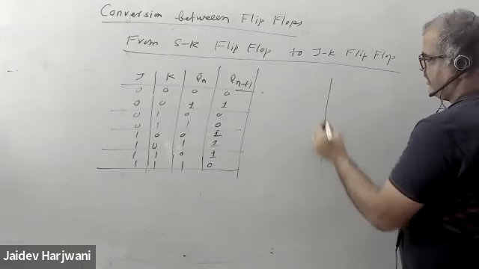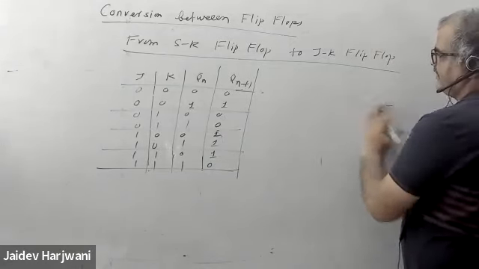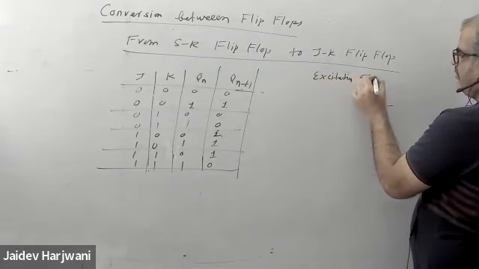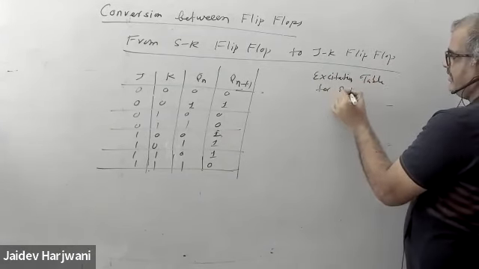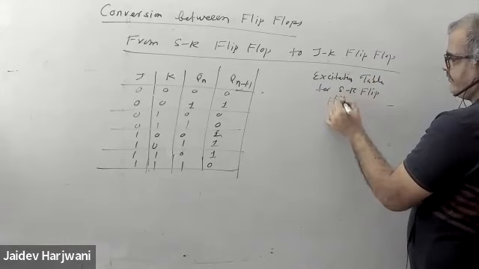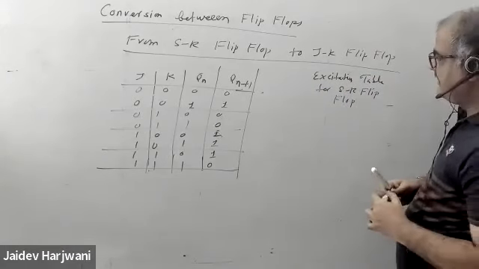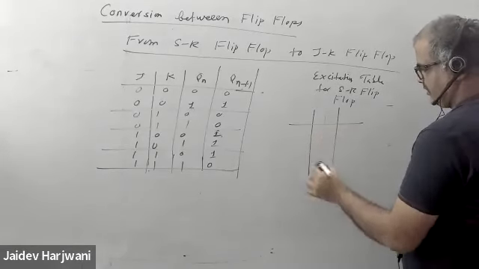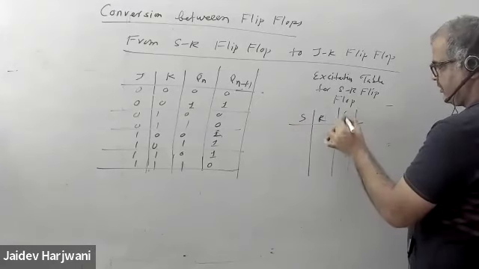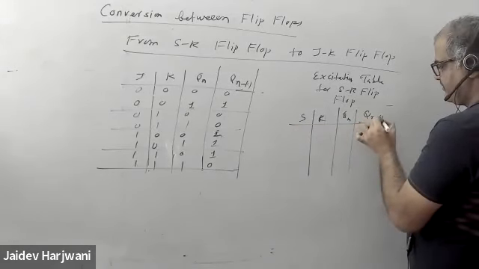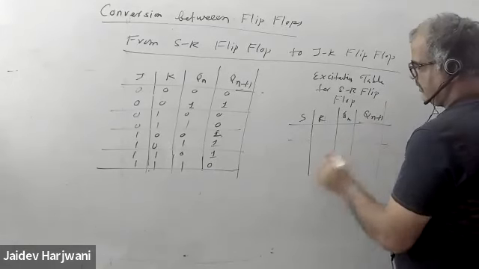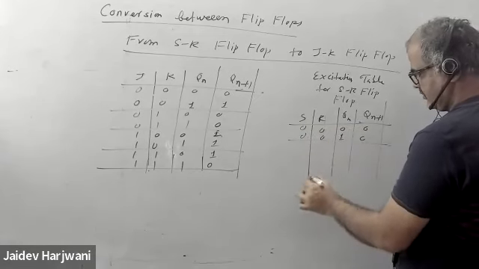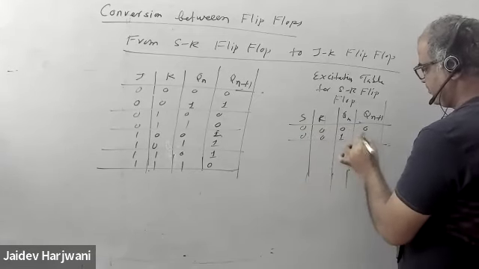Now I'm drawing here the SR flip-flop's excitation table. You have S, R, Q N, and Q N plus 1. If you give 0, 0, the state 0 remains 0, and 1 remains 1.